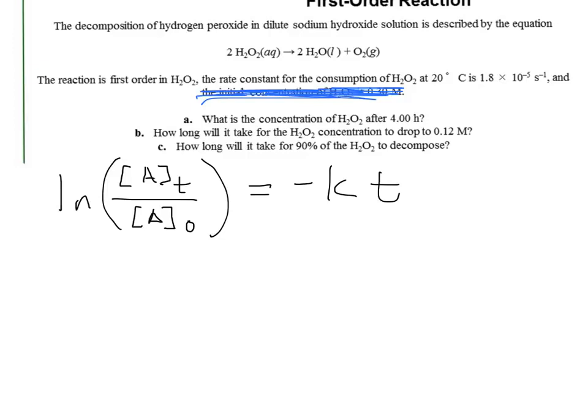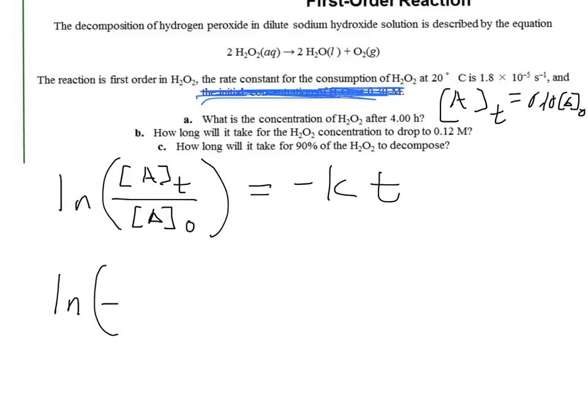and the existing amount. For example, in this problem, we know, because we just talked about it, that A sub t is equal to 0.10 A sub 0.